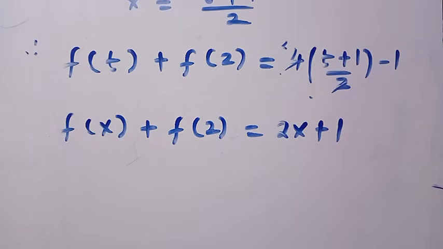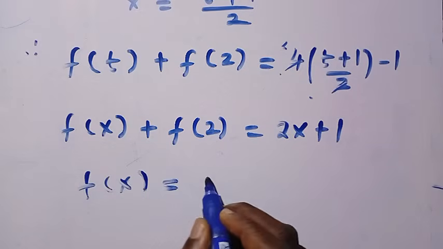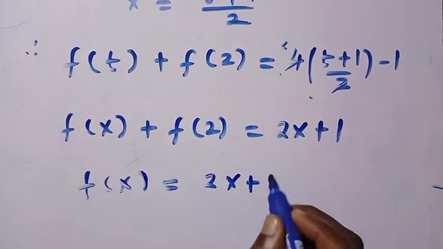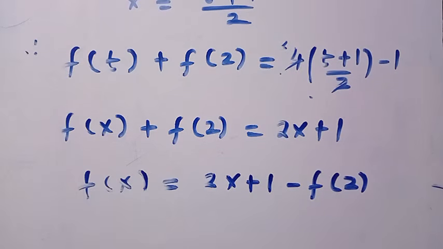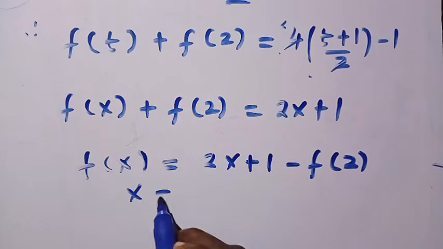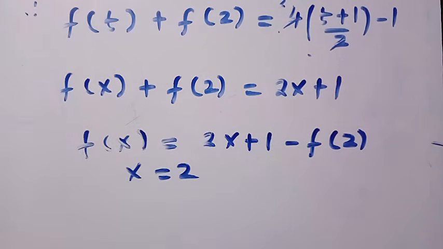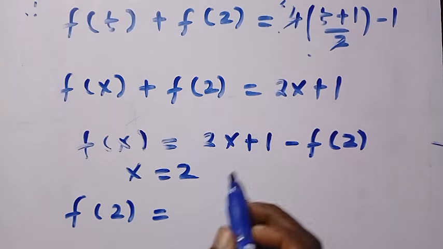So since this is what we have reduced this to, it is now left to us to find what x here is. Let's take f of 2 to the other side first. We have f of x equals 2x plus 1 minus f of 2. So let's assume that x here equals 2. If x equals 2, we have f of 2 equals 2 times 2, that is 4, plus 1.